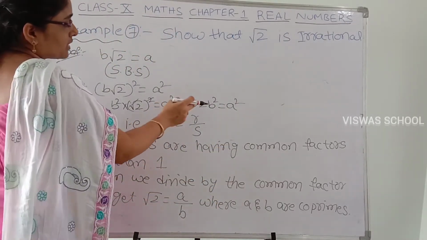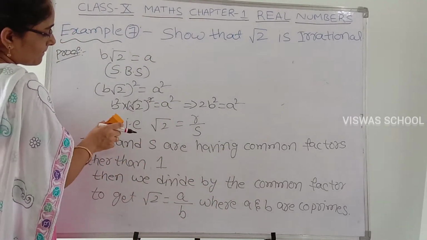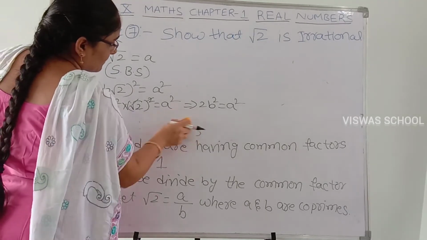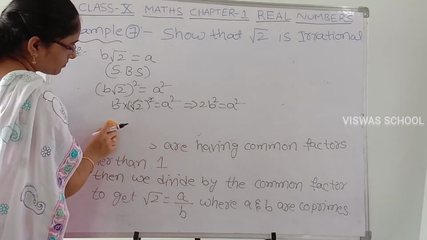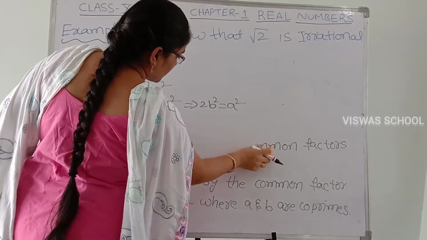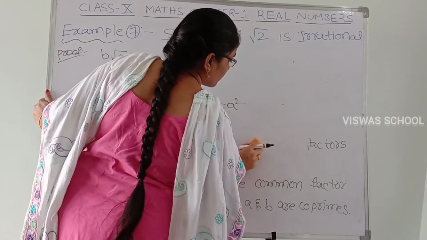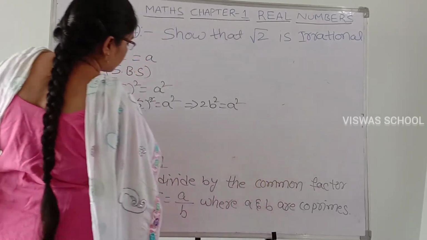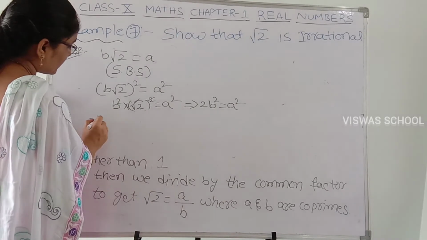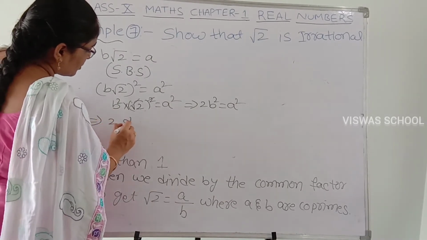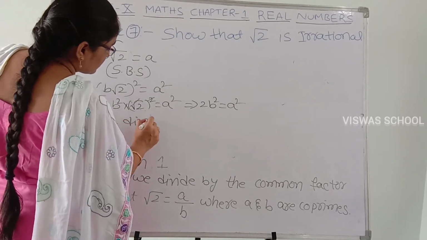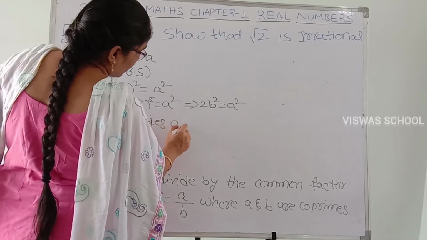Here, 2B square equals A square means 2 divides A square.